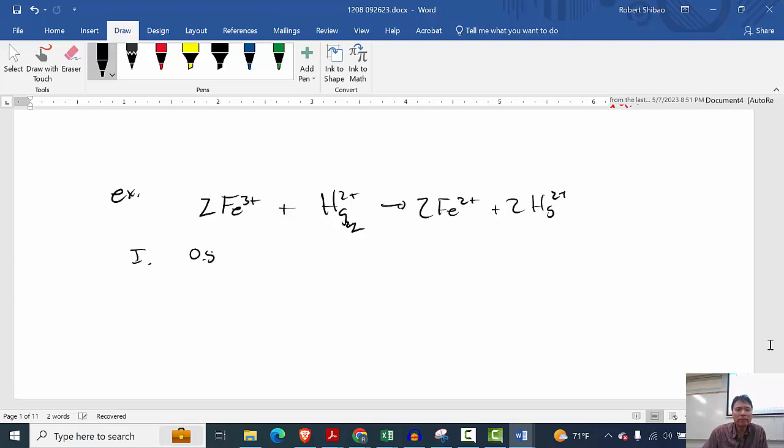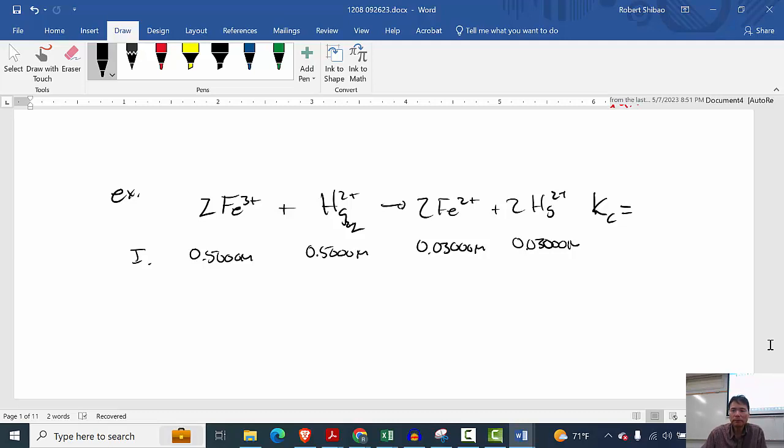Initially, I'm going to put 0.5 thousand molar Fe3+, 0.5 thousand molar mercury 1, and over here 0.03 thousand molar Fe2+ and 0.03 thousand molar mercury 2. This is a case C, it's all solutions, no gases.